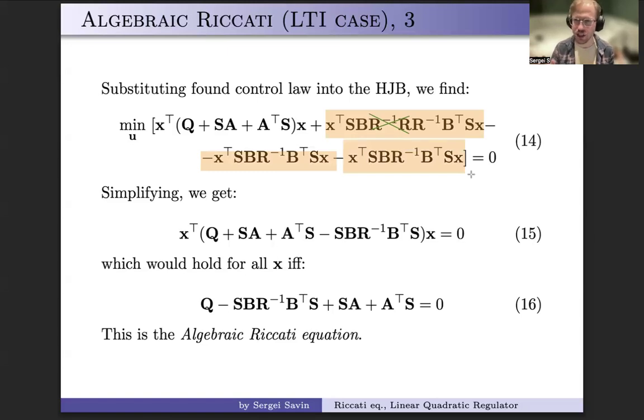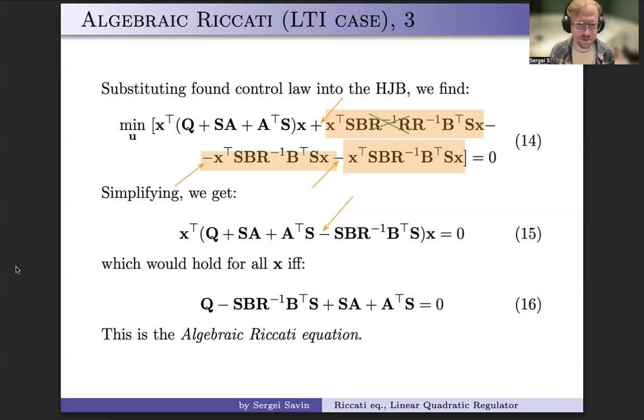Two of them have a minus sign in front of them and one has a plus sign. Because of that, you could say that this cancels with this, something like this.